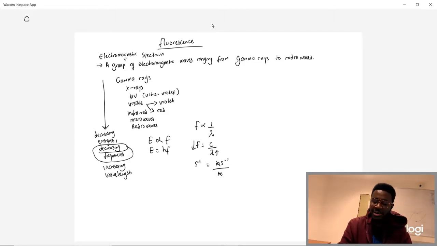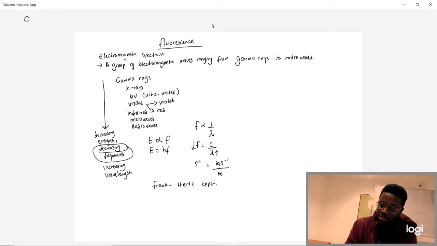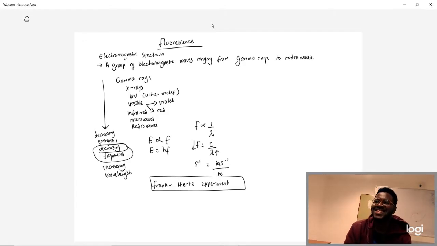Franck-Hertz experiment is next. What's the Franck-Hertz experiment? It's the experiment for the proof of quantum energy.